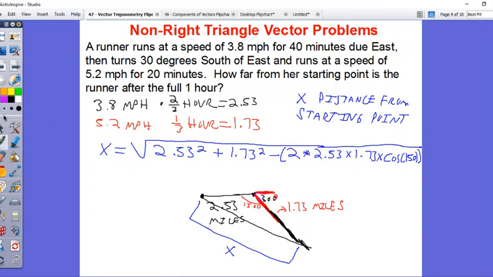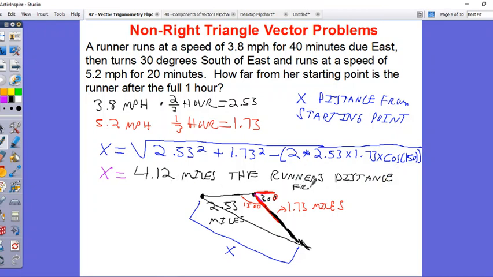So x is going to be equal to 4.12 miles. That's going to be the runner's distance from the starting point.